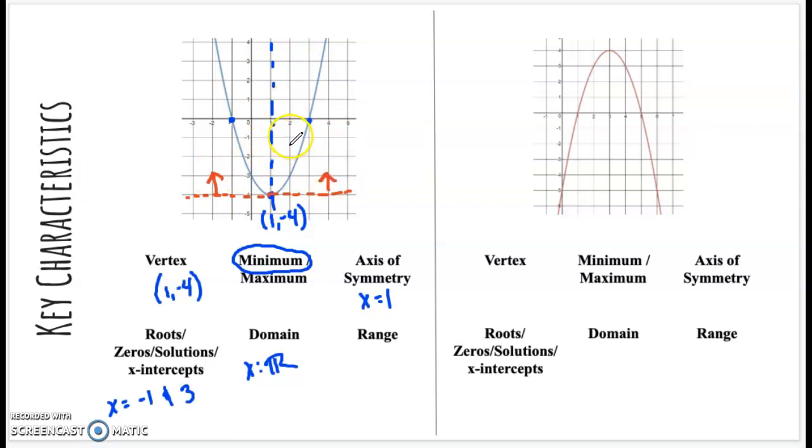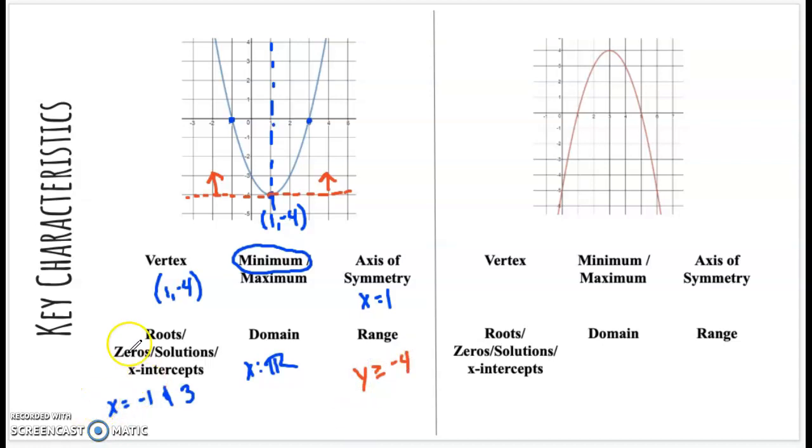So again, domain and range are describing the location of your graph compared to the x's or the y's respectively. So here, we don't have any graph below this -4 value, but we do have graph above it. So our range here would be y is greater than or equal to -4.